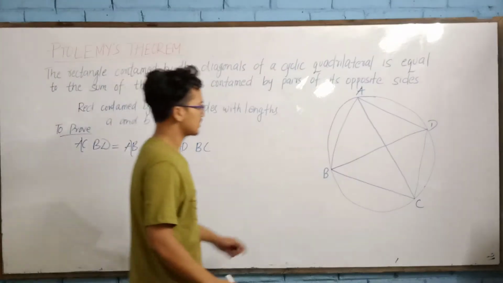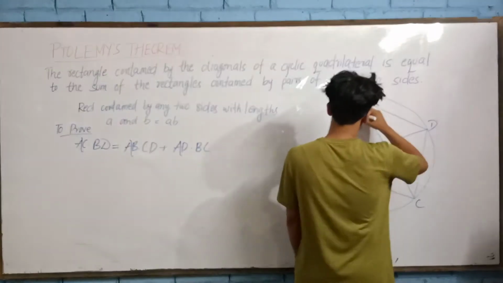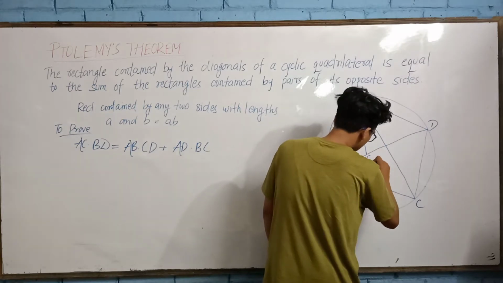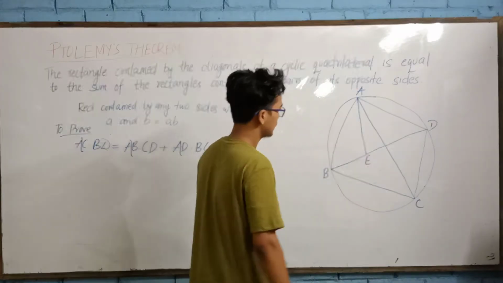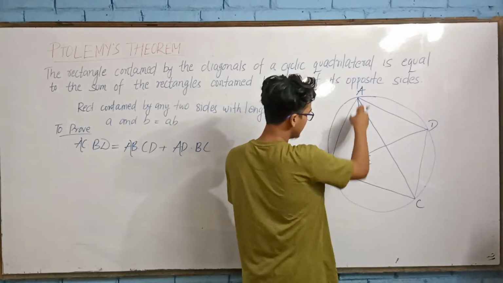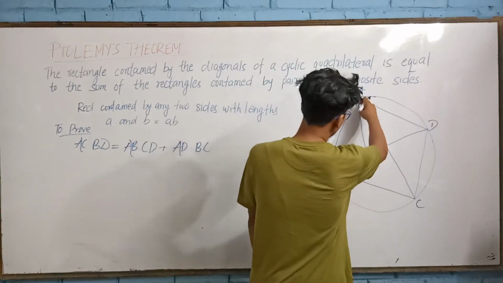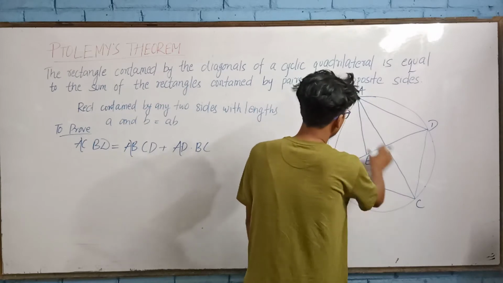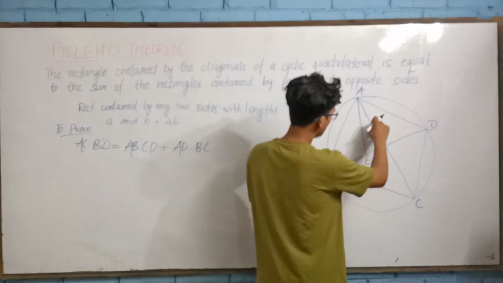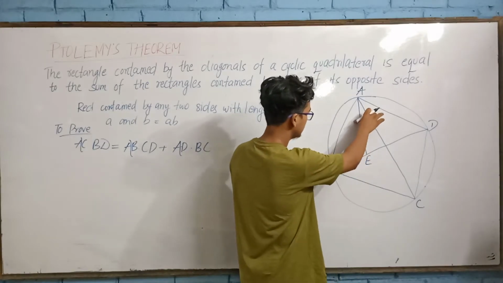So to prove it, first of all I will draw AE with E being on diagonal BD such that angle CAD equals angle BAE. I have assumed that angle BAC is greater than angle CAD. Whichever side you assume, the answer will not be different.